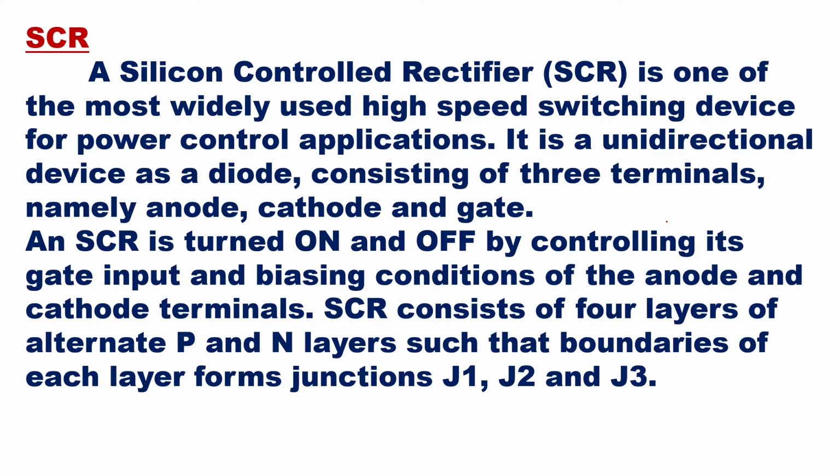The voltage applied to the anode and cathode should be of a minimum value, so that when you apply the positive gate pulse, the first and third junctions will be forward biased, and the second junction, which was reverse biased, will go into breakdown, and the SCR starts conducting. Then we say the SCR is on.